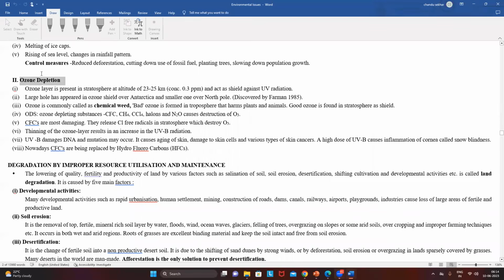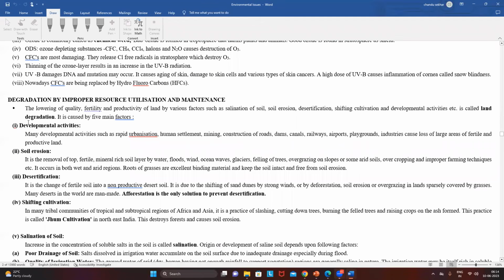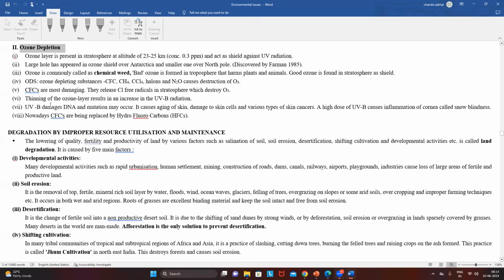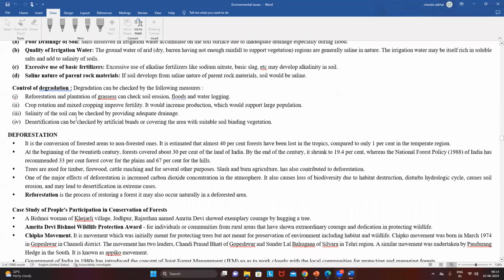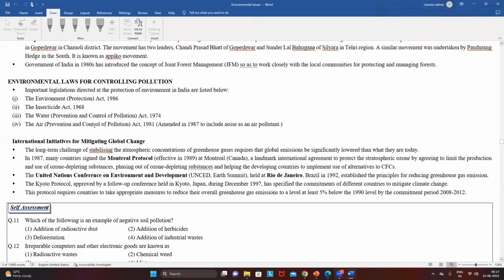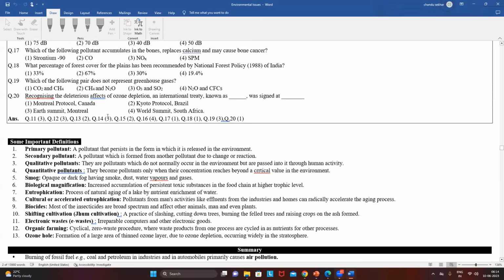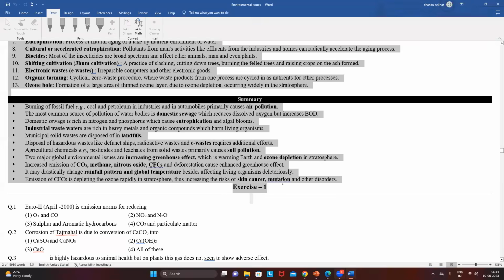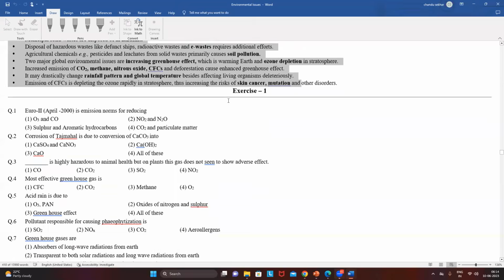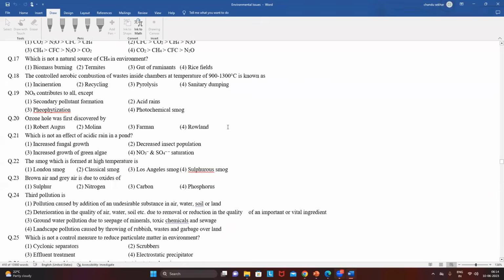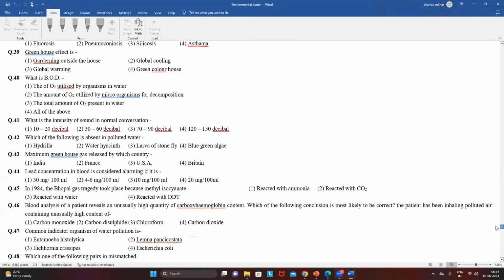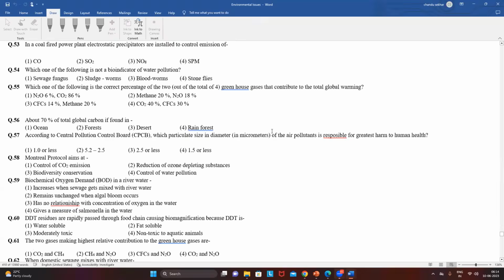So I have mentioned all the ozone depleting chemicals, and most importantly, what happens once the ozone got depleted. Then after that, most importantly, I want you to remember the definitions of the most important ones, followed by solving exercise 1, 2, 3, 4, then followed by Telugu Academy based questions as well. This is how you have to read the ecology.